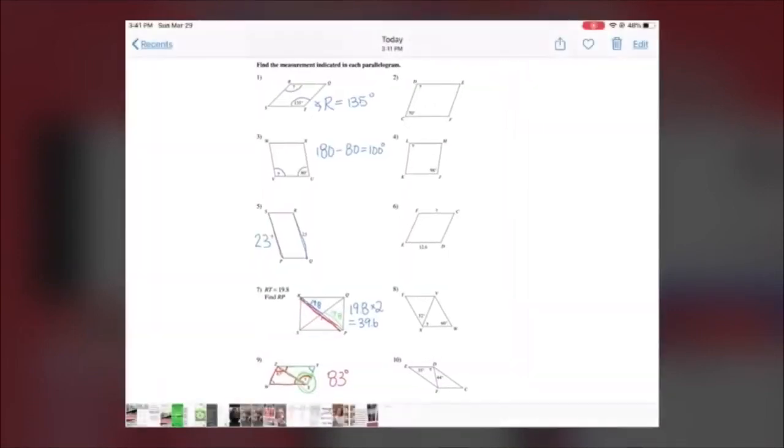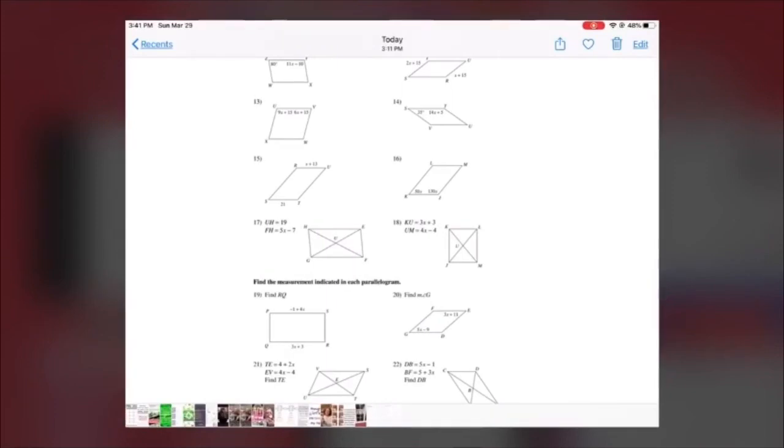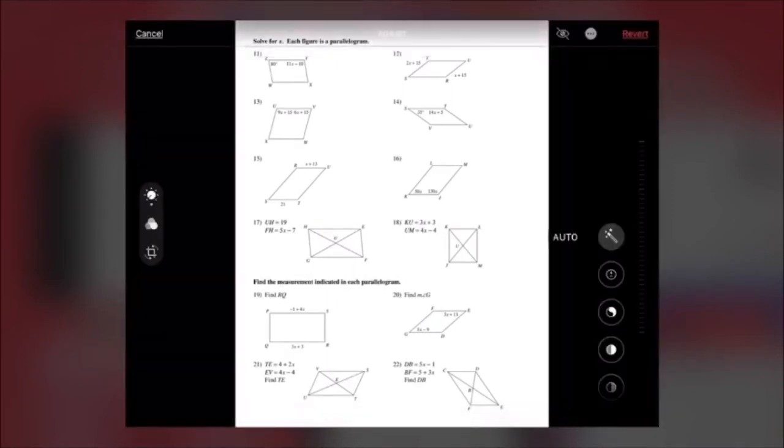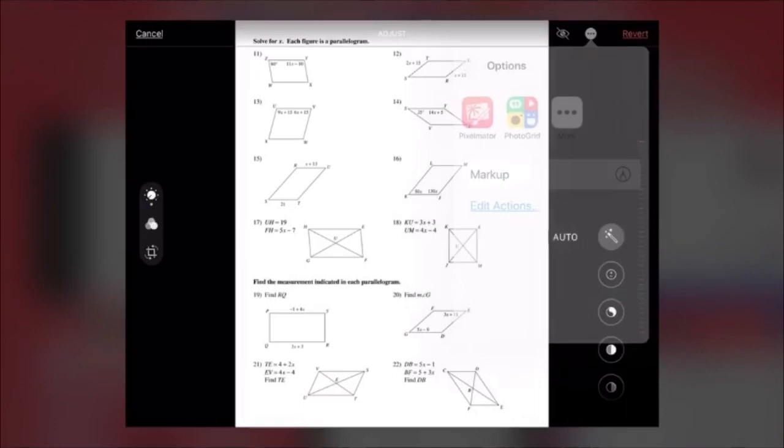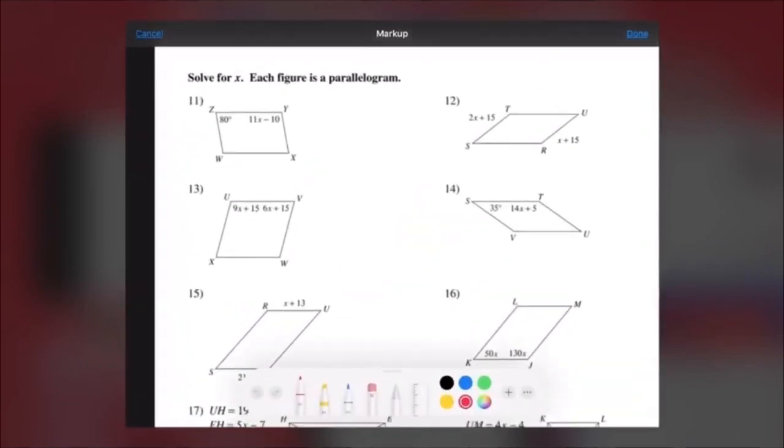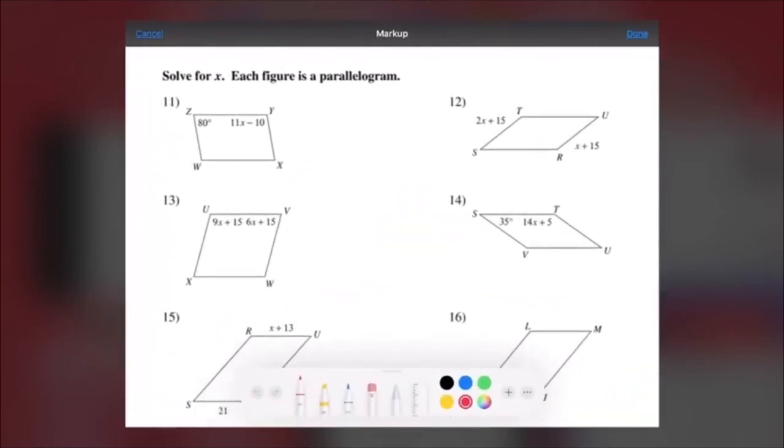Let's look at the other side of the sheet. So, number 11, it says solve for x, and each figure is a parallelogram. So, here we have angle WZY is 80 degrees, and angle XYZ is 11x minus 10.